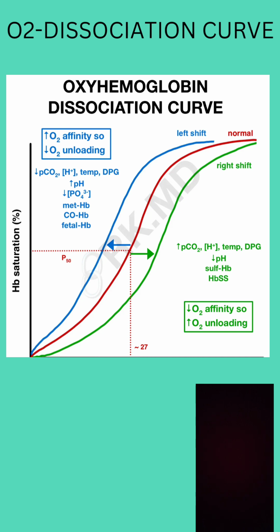Now about the hemoglobin oxygen dissociation curve. The hemoglobin oxygen dissociation curve shows the relation between the partial pressure of oxygen and the percentage hemoglobin saturation.